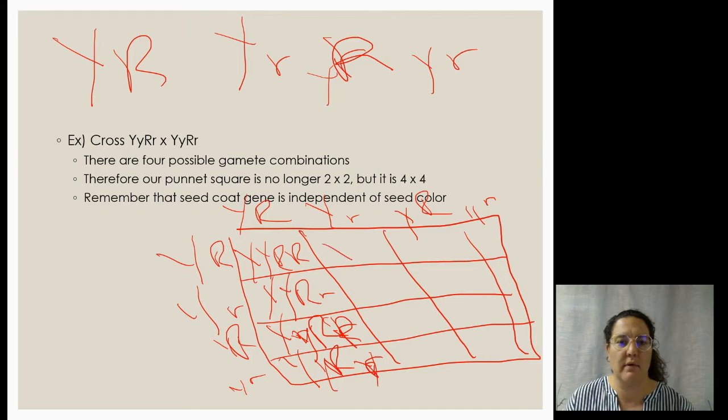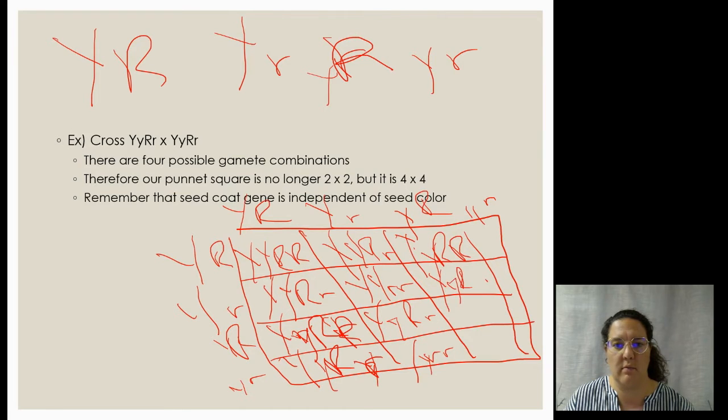Okay. We would have capital Y, big R, little r, capital Y, little r, capital Y, lowercase y, big R, little r, capital Y, lowercase y, little r. Okay, and I always like to put my capital letters first, so capital Y, lowercase y, big R, capital Y, lowercase y, big R, little r, lowercase y, big R, lowercase y, big R, little r.